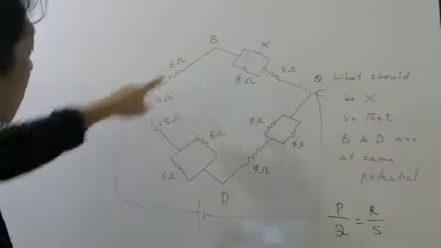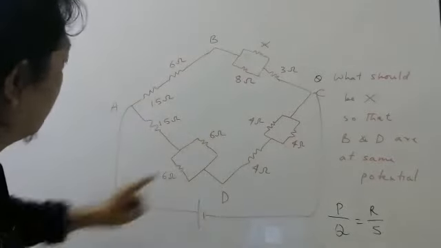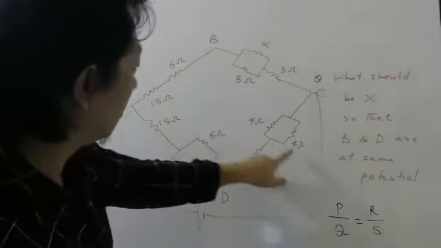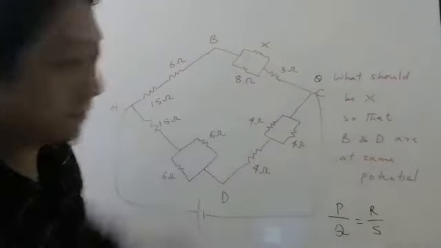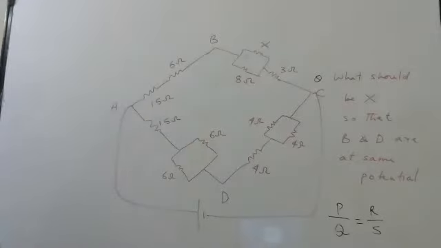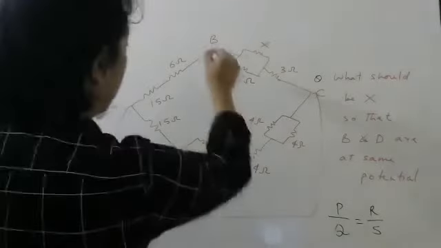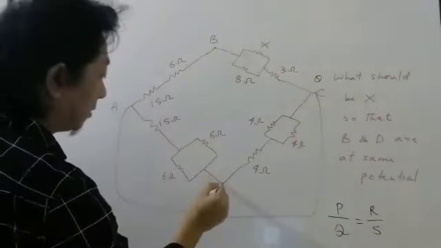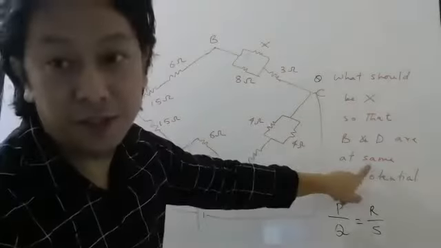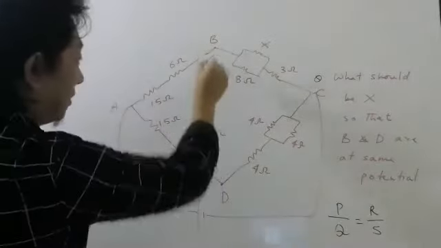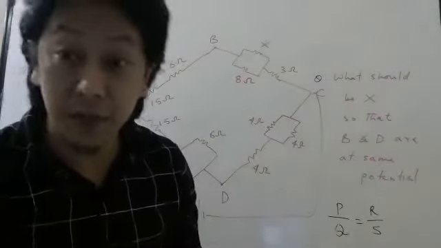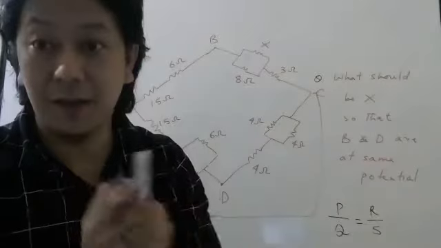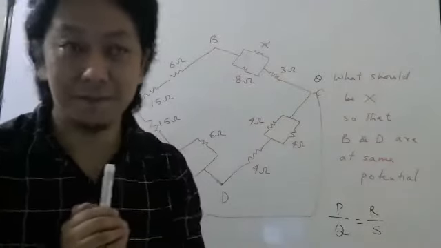The values are 15 ohm, 6 ohm, 15 ohm, 6 ohm, 6 ohm, 4 ohm, 4 ohm, 4 ohm, X, 8 ohm, 3 ohm. You have to find X so that this point and this point are at the same potential. Meaning, if you put a resistor here, no current should flow in the middle branch, which means the circuit should be balanced.